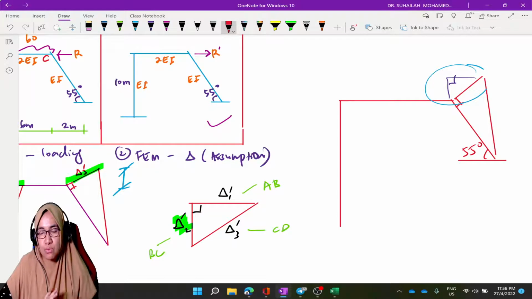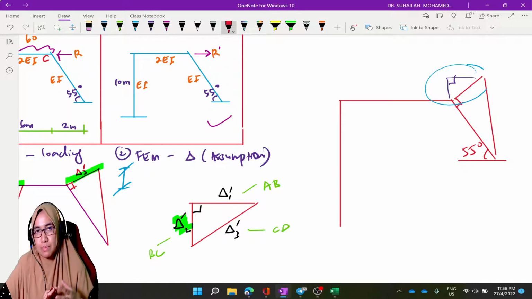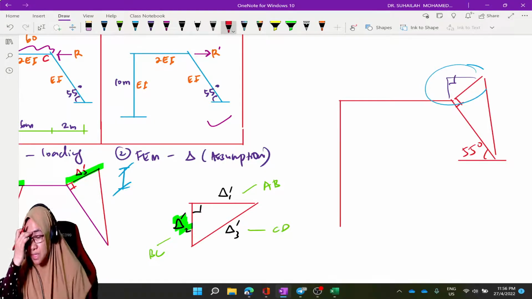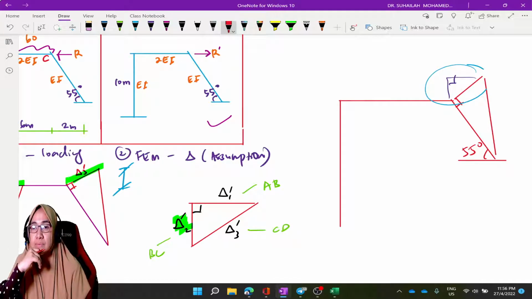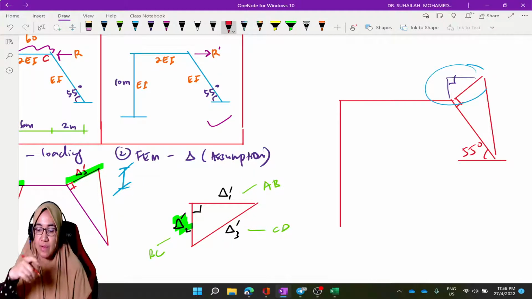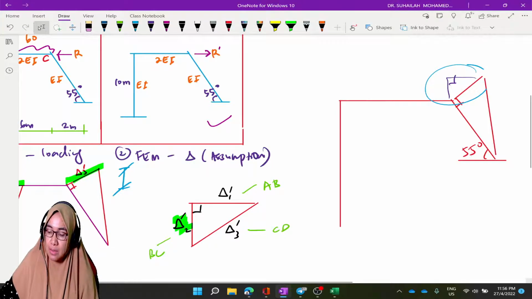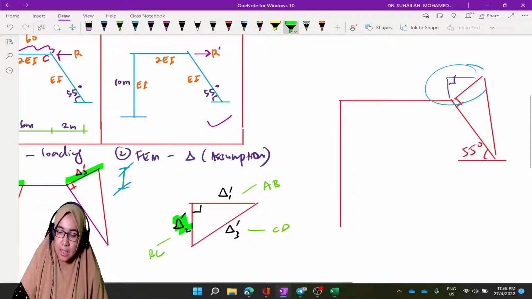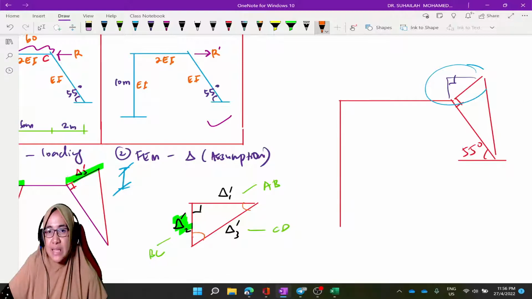This will reflect back to the mathematical knowledge as well as the basic structural engineering knowledge, where we have to identify this 55 under this diagram. Is it this or this? Where is 55?